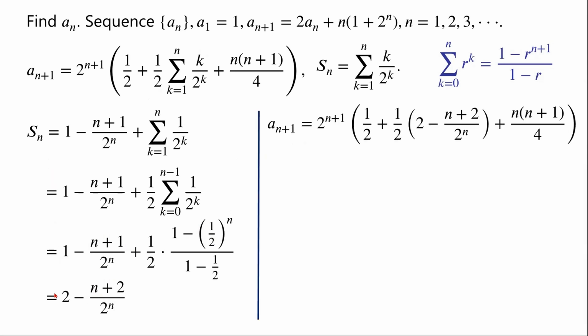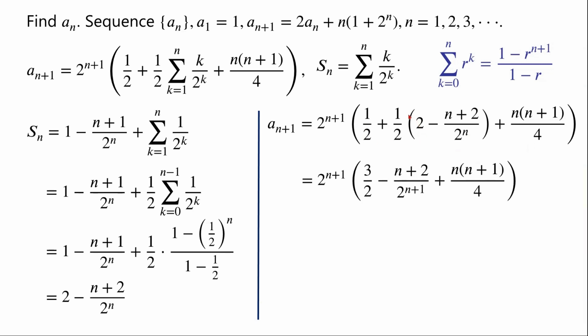Now we substitute Sn here, and we can now write a(n+1) equals 2 to the power of n plus 1 times a half plus a half times (2 minus (n plus 2) over 2 to the power of n) plus n times (n plus 1) over 4.